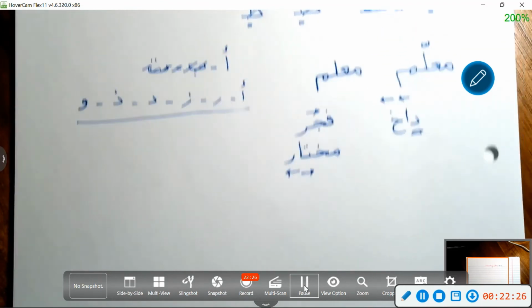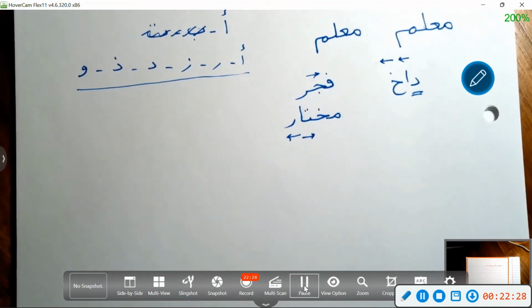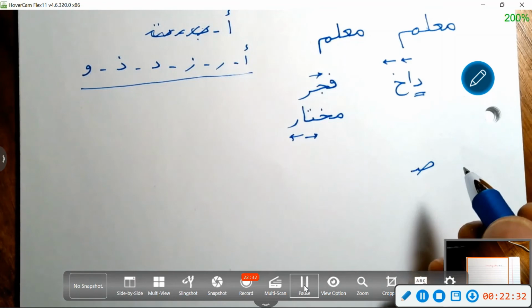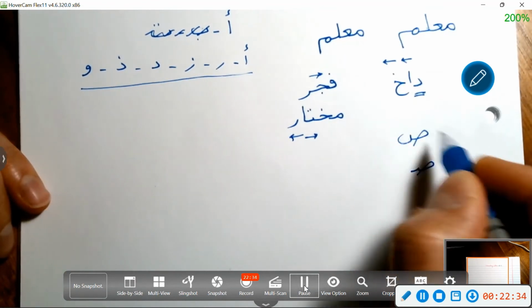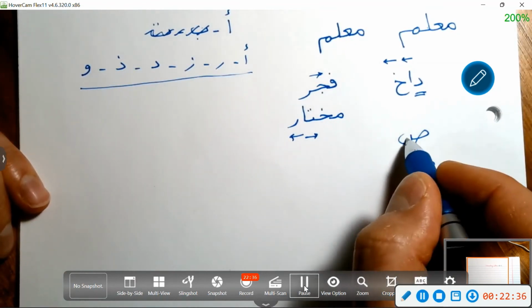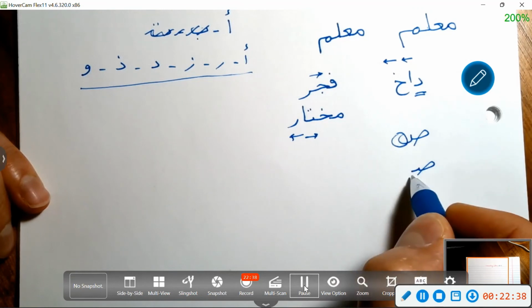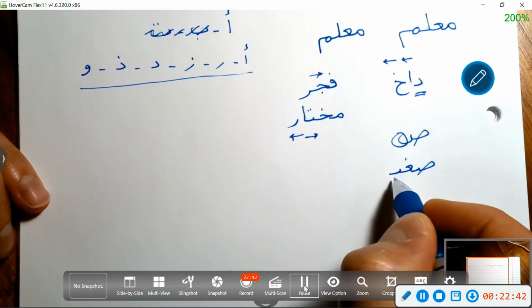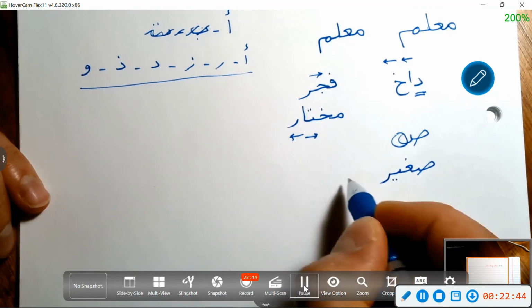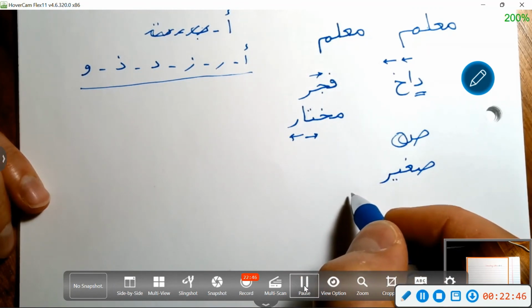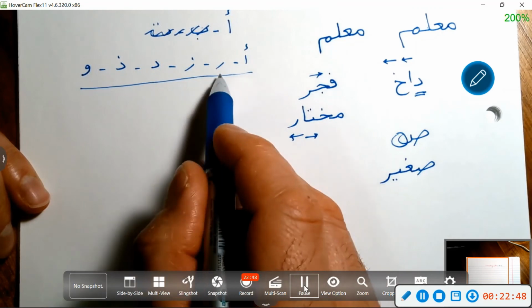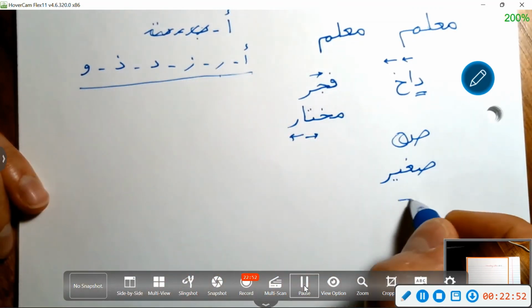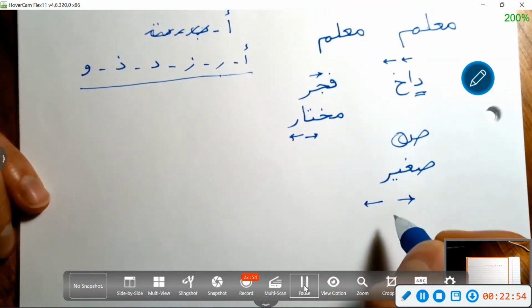So let's now see another example. صغيرة عندنا الصاد. Now صاد instead of this, because it's going to be connected, we forget about the tail. We write it like this. Connected to the ghain, connected to the ya. Ya is connected to the ra. Again, because ra, all these non-connecting letters connect from right side, but not from left side.